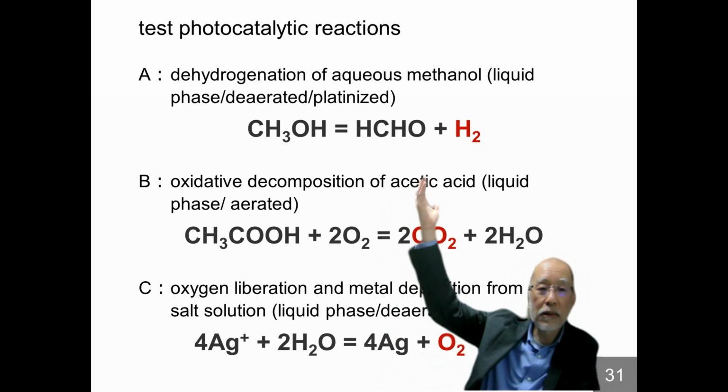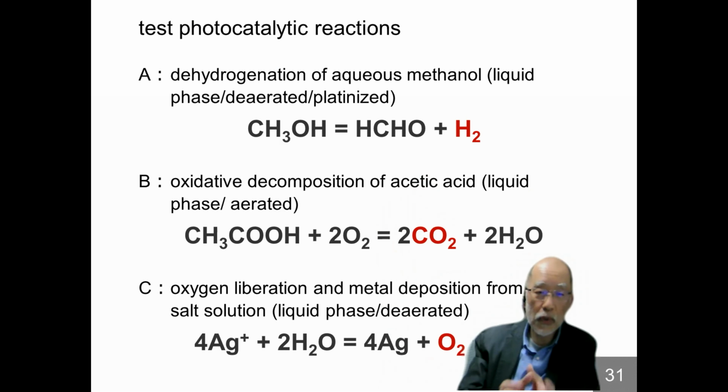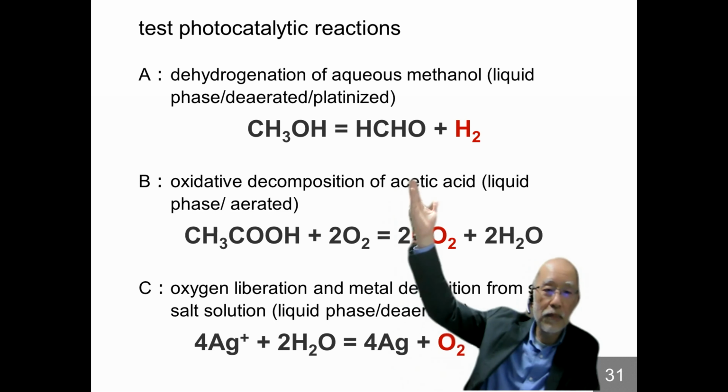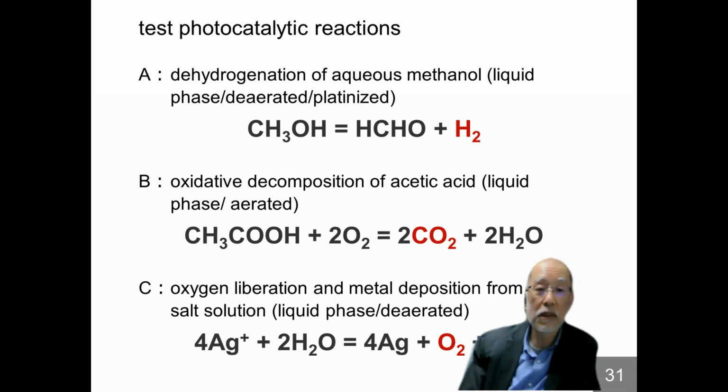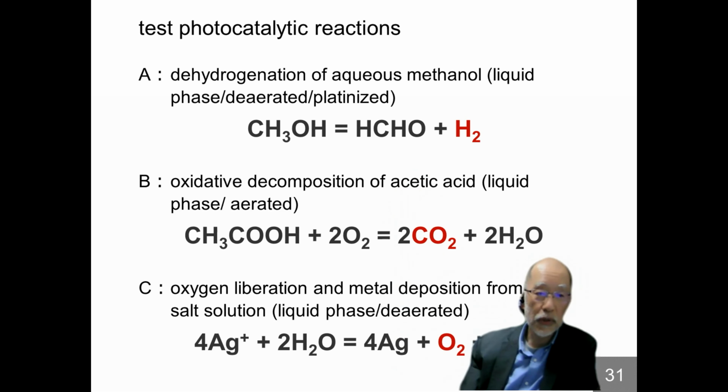One is methanol dehydrogenation, that is the aqueous methanol solution. From aqueous methanol solution, formaldehyde and hydrogen are evolved by photoirradiation in the presence of titanium oxide. In this case, platinum is necessary to make it possible to evolve hydrogen. So in situ platinization is used in this reaction.